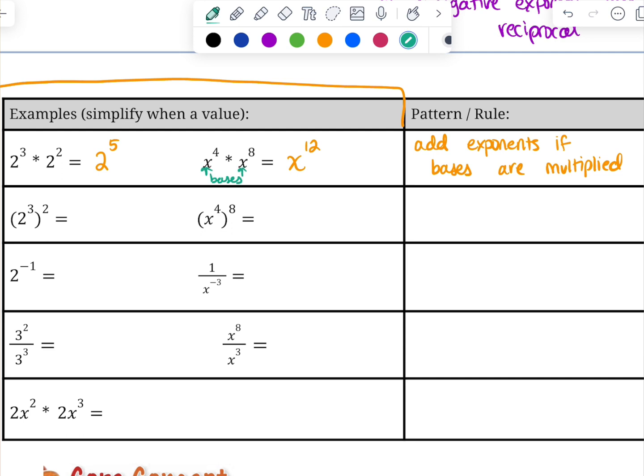See how 2 is the base in both of those situations? If the same bases are multiplied, as always, if you can evaluate it to a reasonable value, then you should. So we would turn 2 to the 5th into 32 as our final answer, but we'd keep x to the 12th.